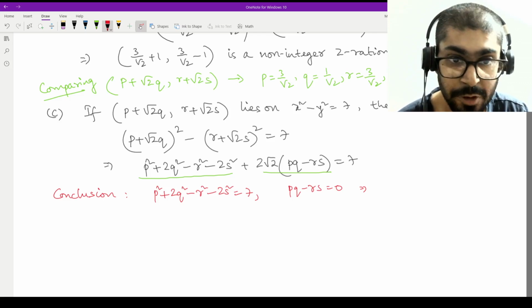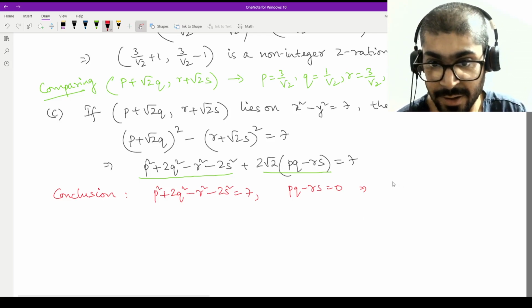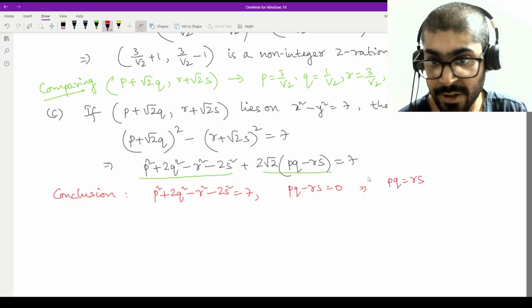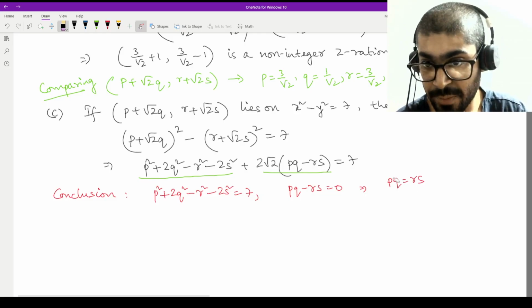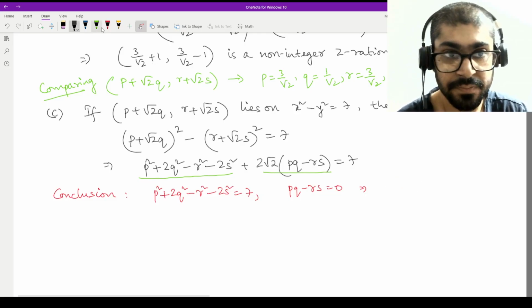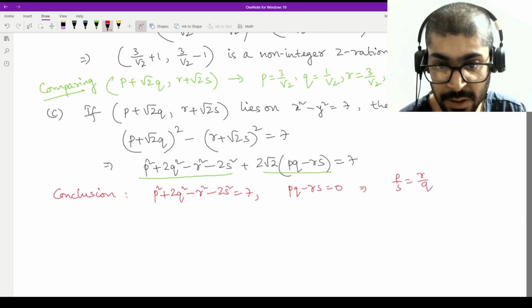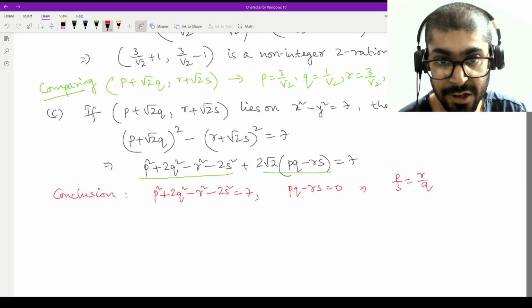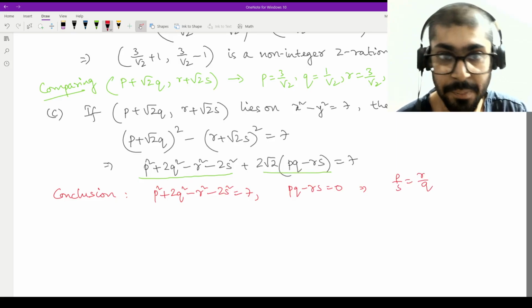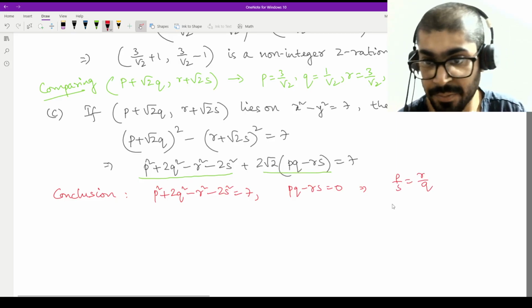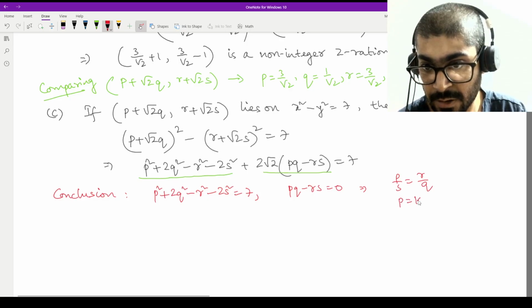If I say pq equal to rs, I can just write it in the ratio form, right? P by s equal to r by q, which means, if I take the ratio constant to be k, I can write p equal to ks and r equal to kq.